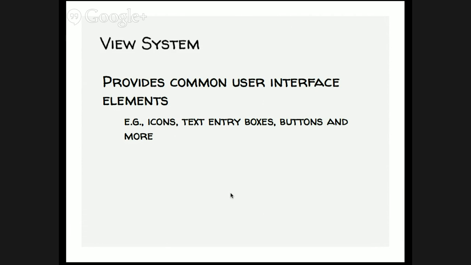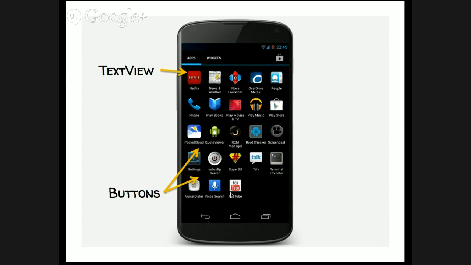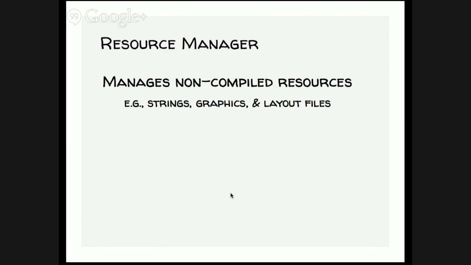If you want to create a button, you use this managing system so that the button looks similar everywhere. For example, the home button and the back button are important buttons, and they should consistently do the same thing and look the same in all the applications. The window manager will handle it. Same thing with the tabs. So you can actually click this app icon, so that's why the button.